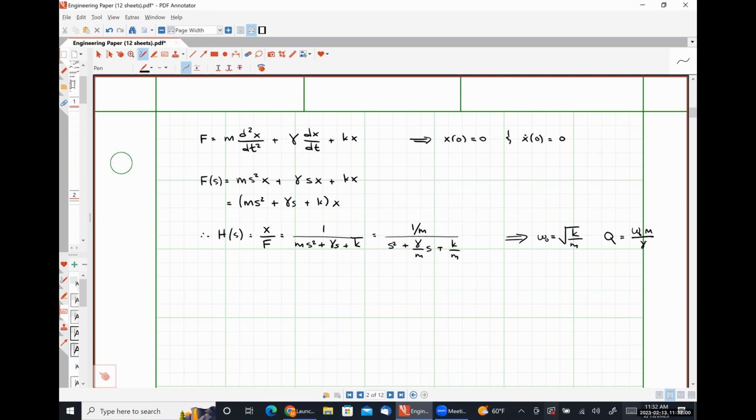So if we substitute in those relationships, we get a transfer function of 1 over m times 1 over s squared plus omega naught over Q times s plus omega naught squared.